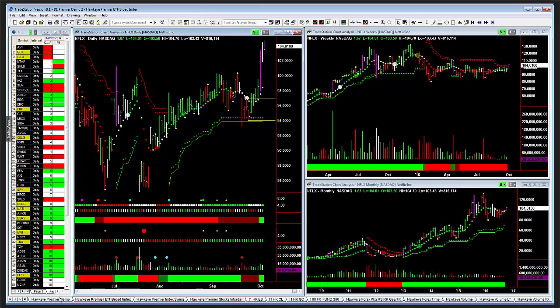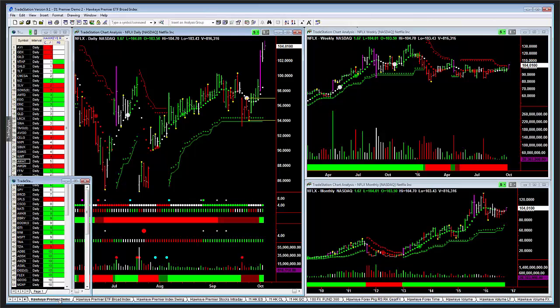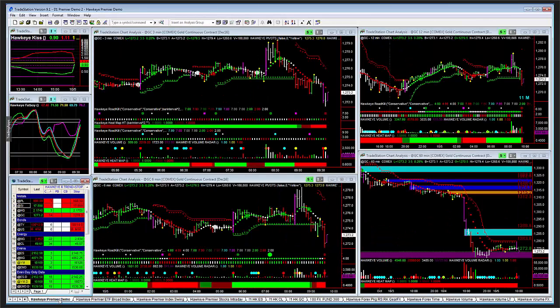Now you can also see that if I switch over to an intraday chart setup, I'm looking at gold. This is a 3-minute time frame. Well, you can see that I've got the same setup on the 3-minute. I have 2 different roadkill settings.